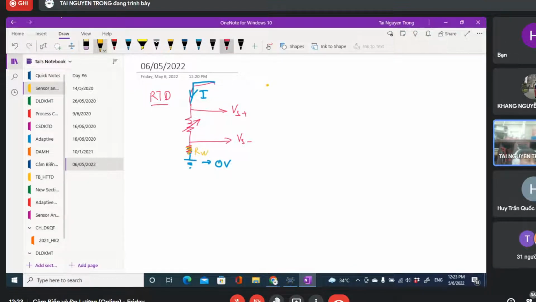The first one, we can apply voltage. We can apply voltage VCC here, and then the current I can be calculated by a quick equation: VCC divided by R1 plus RTD.